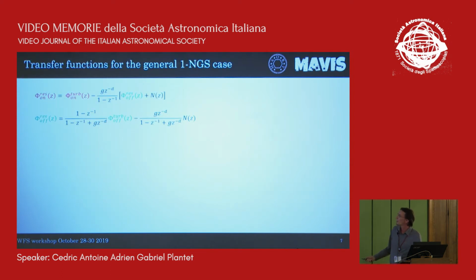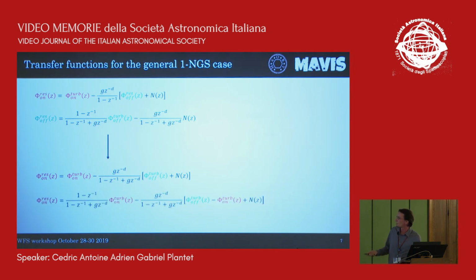So in this case, you can express the transfer function for the residual on axis and off axis. You see that the residual on axis depends on the residual off axis. The residual off axis depends on the turbulence off axis. If you recombine, you get this weird expression that we don't really understand, which we can reformulate.